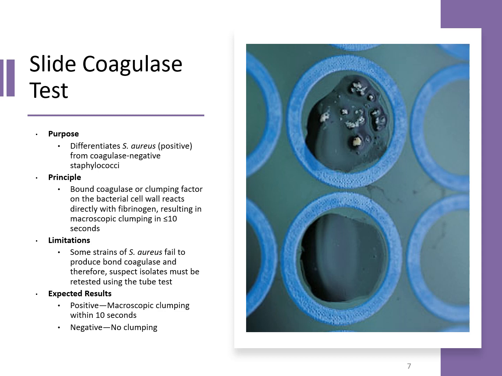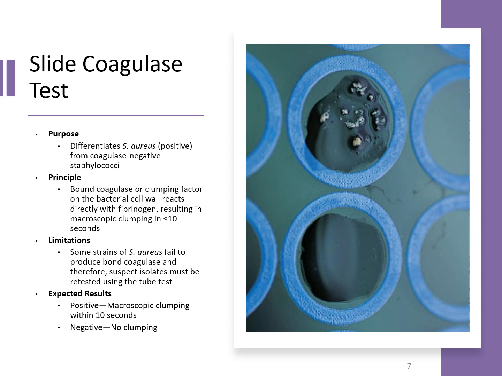So there are two different types. Our first test would be a slide coagulase, in which we would take some of that organism and mix it with the reagent, and what we're looking for is clumping. So if the organism is positive, you will see clumping visually with the eye within about 10 seconds.